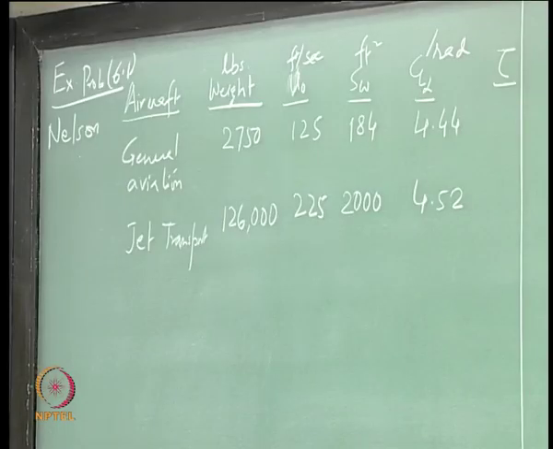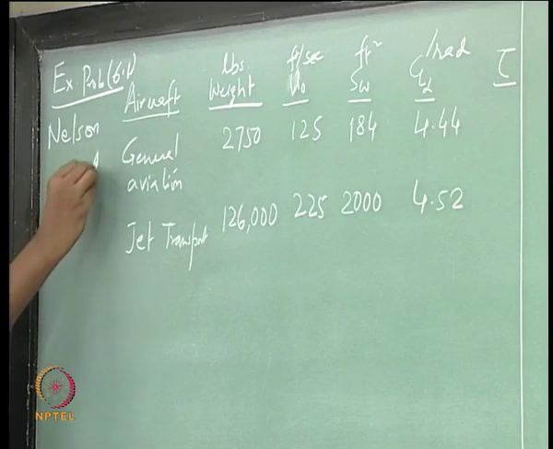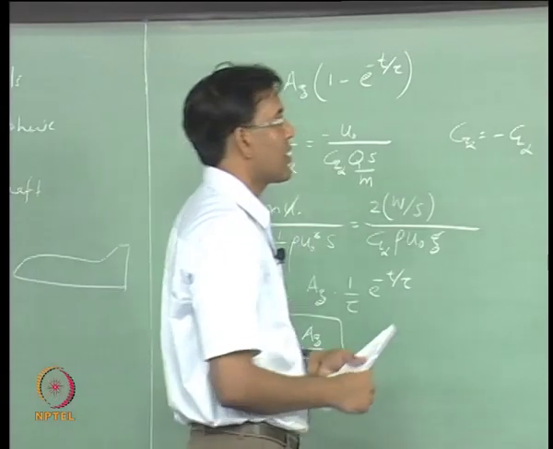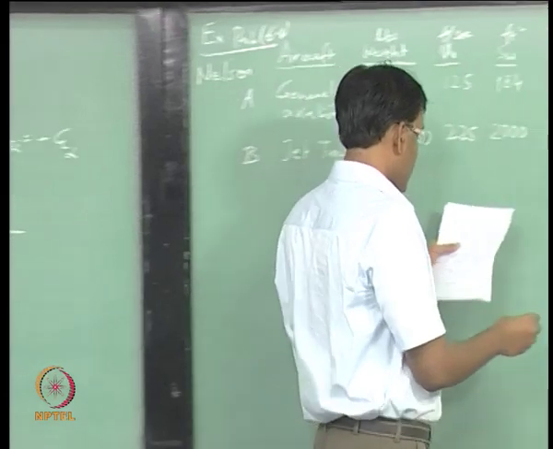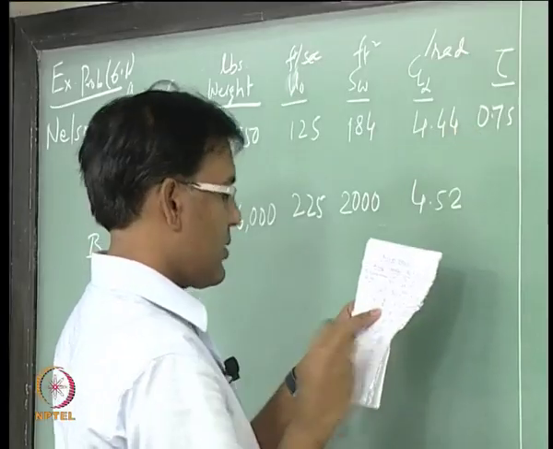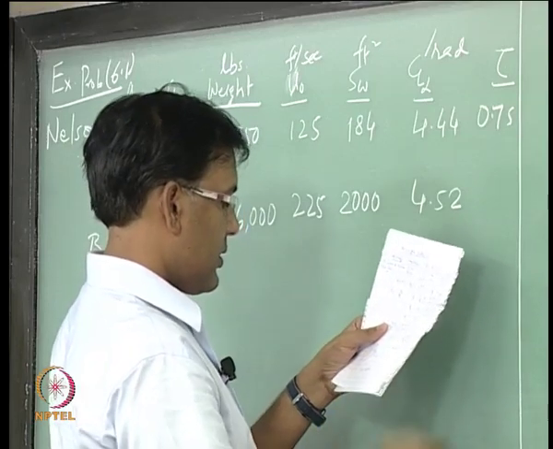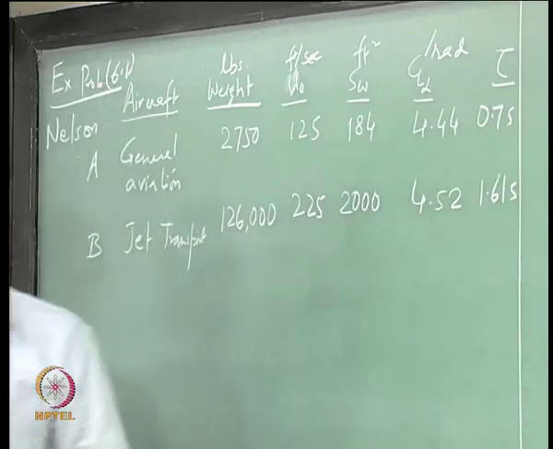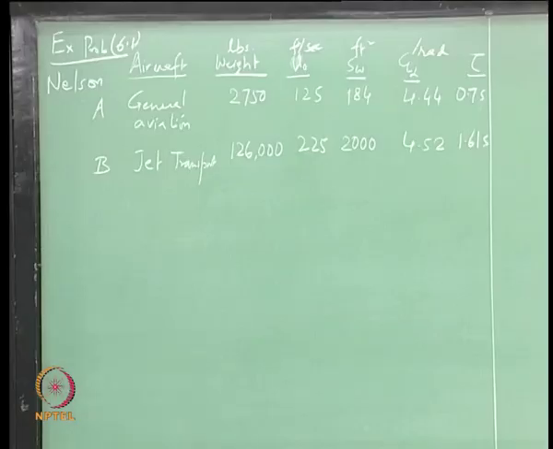Aircraft A and B, so you know everything from here, right. So, you can find out what the time constant is. In one case it is 0.7 seconds, the other one is 1.61 seconds. Okay.